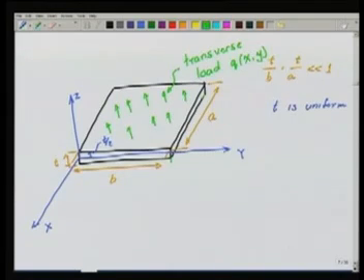We are going to constrain the transverse movement of the plate on the edges. That is, we are going to force the transverse displacement on this edge to be 0. It's an extension of the pin support in one dimension. So here the transverse displacement W is equal to 0 on the boundary.